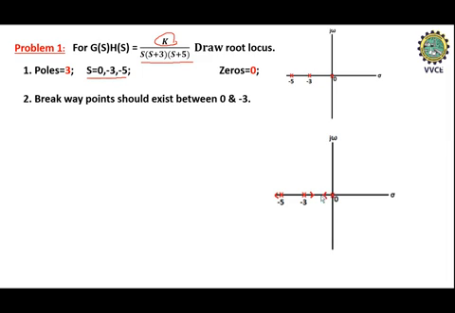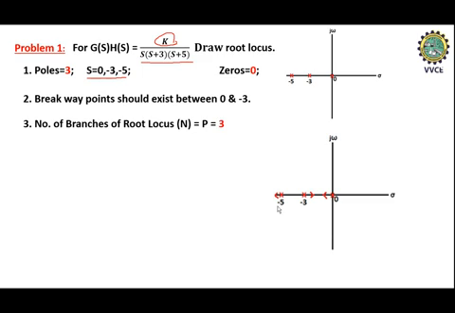At some point they are going to meet at one intersection point. That point we need to find out, and it is called the breakaway point. And here is another pole, which moves away from the minus 5 point.